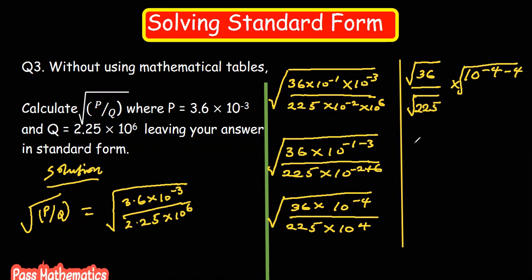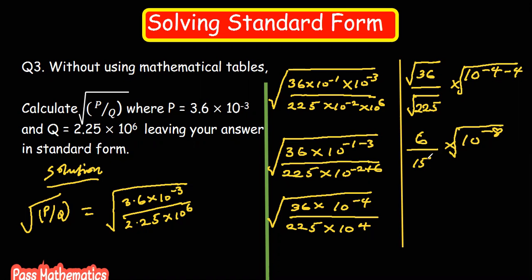So what is root 36? It is 6. And then root 225 is 15. Then times root of 10 to the power of minus 8. So let's put the square root aside.